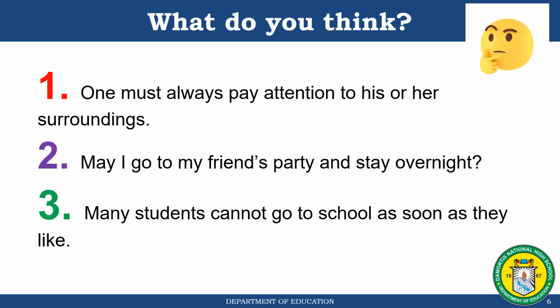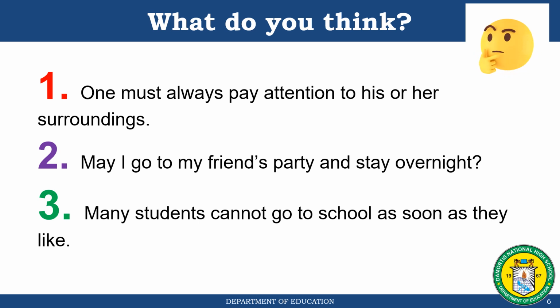So all you have to do is to identify which among the sentences expresses permission or consent to do a certain task, and which among the sentences shows duties and responsibilities that someone is obliged to do. Lastly, which among the sentences prohibits you to do something?